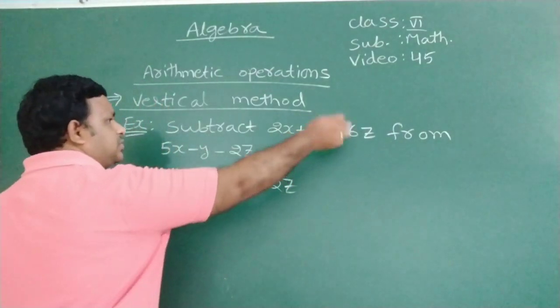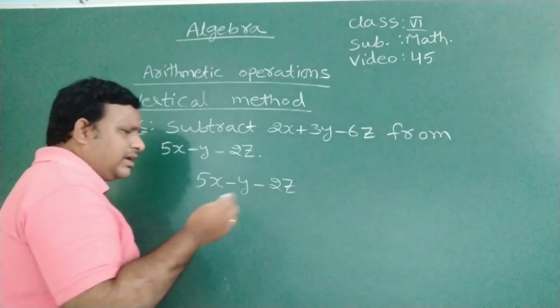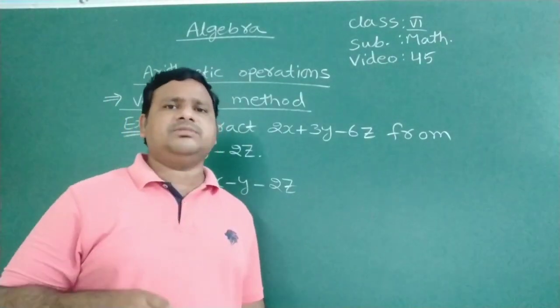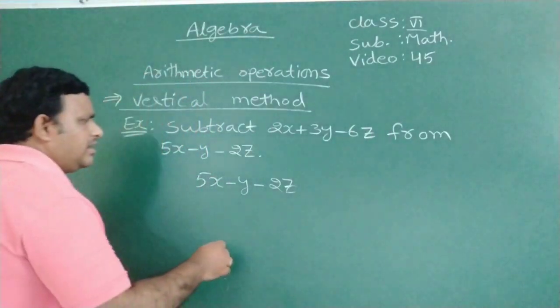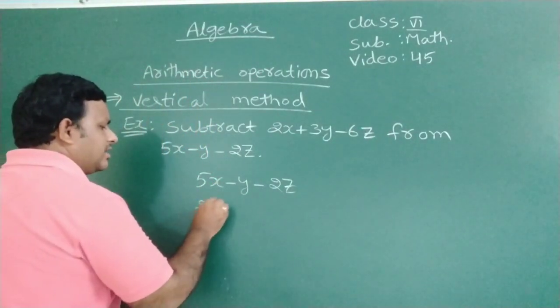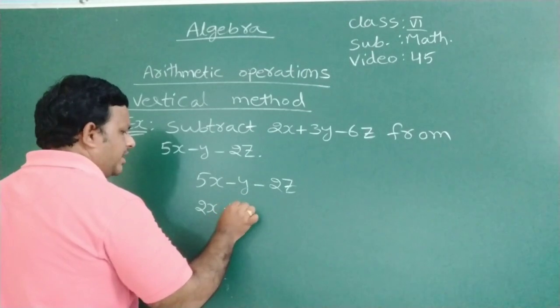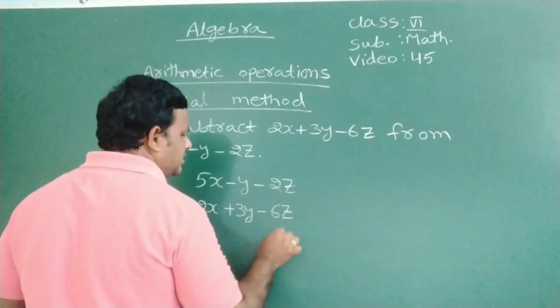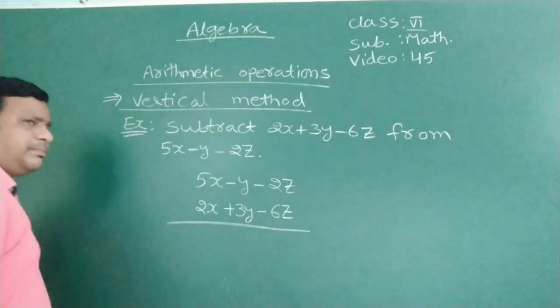Okay. So the second expression, as usual, we will write first: 5x minus y minus 2z. And the first expression we will write next. While writing it, we should write the like terms in the same column. That's why first 2x I am writing, next plus 3y I am writing, next the z term, that is minus 6z I am writing. Now we have to subtract.